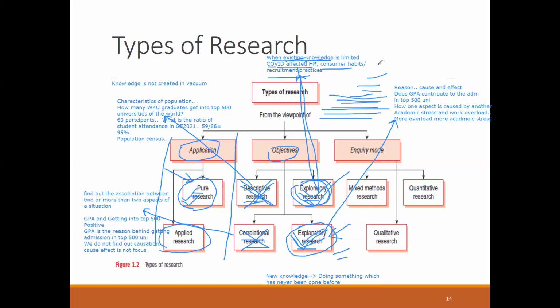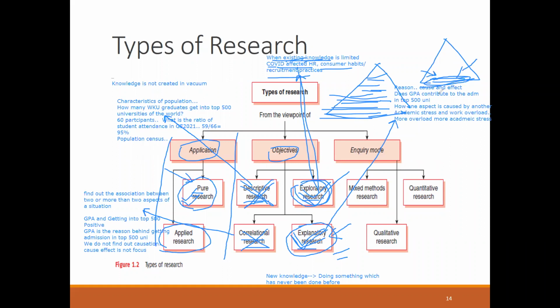Then there is a huge building. Remember that when you are doing exploratory research, this is an empty field, and you will not have a lot of ground to build the building. So you need to lay down the foundation.